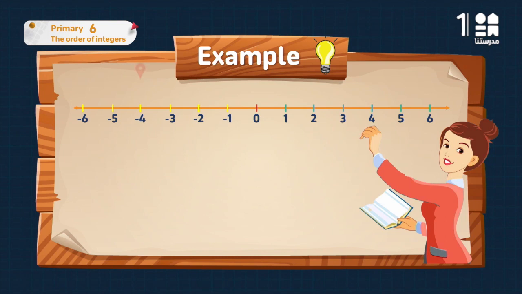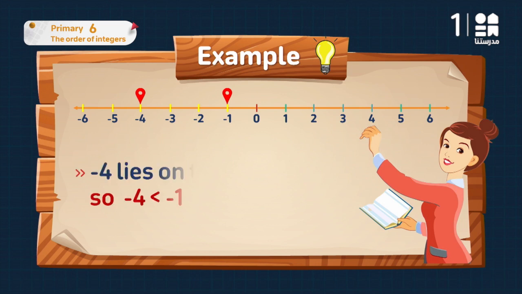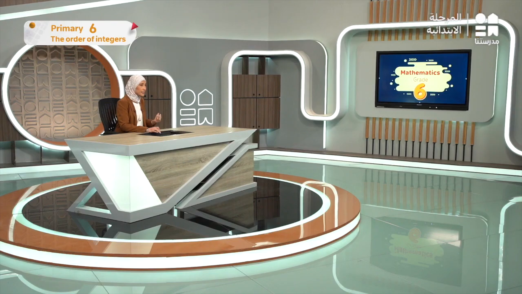If I'm comparing -4 and -1, which one of them is the bigger one? You note that -4 is on the left side of -1, so -4 is smaller than -1, because it's on the left side.